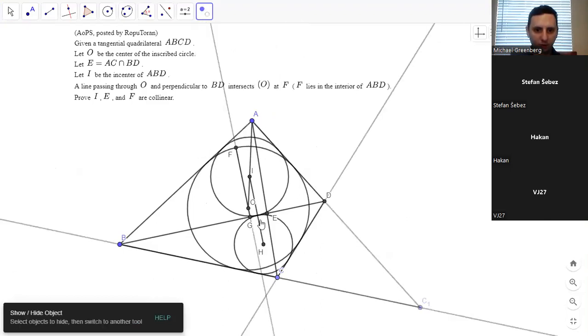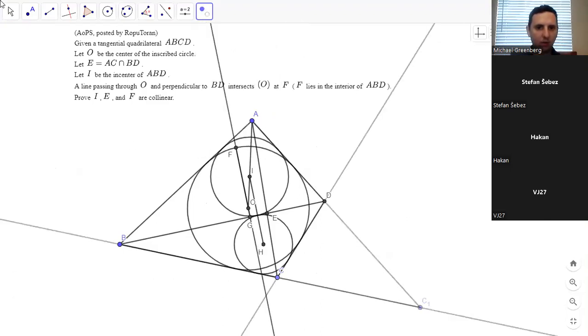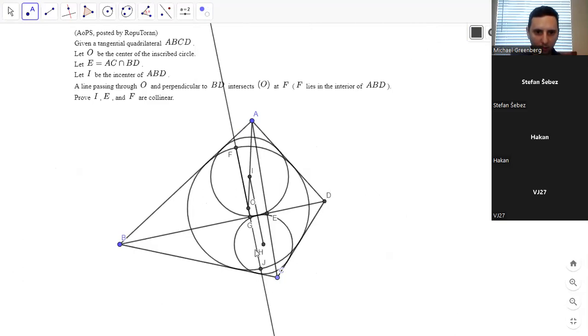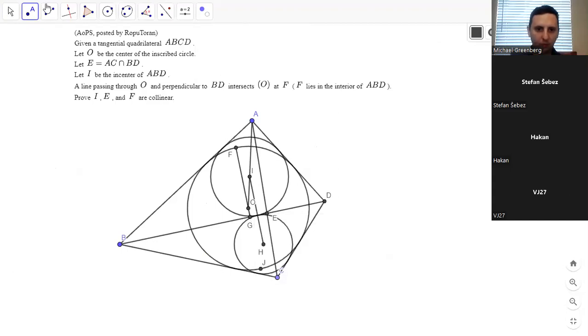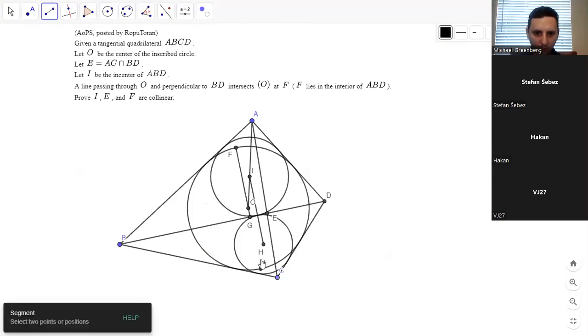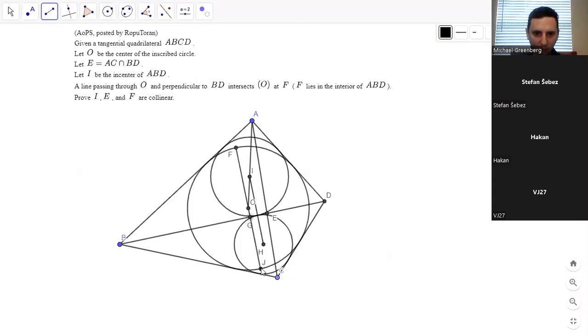So by symmetry, we would also have a pair of collinear points. So J, H, and E are also collinear, but would be collinear by symmetry once we can prove one of them.